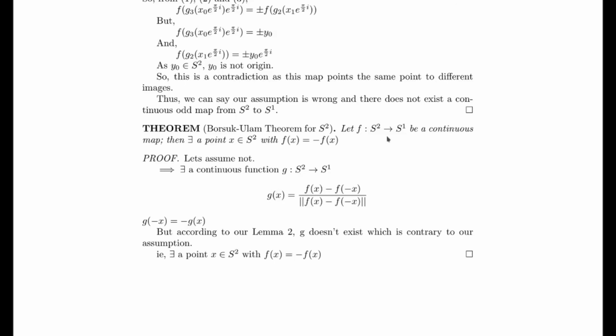As f of x is a point in R2, this becomes a point in S1. g of minus x becomes f of minus x minus f of x divided by the modulus of f of minus x minus f of x. So that will be minus of g of x. But according to our lemma 2, such a g doesn't exist, which is contrary to our assumption. Therefore, there exists a point in S2 with f of x equal to f of minus x.